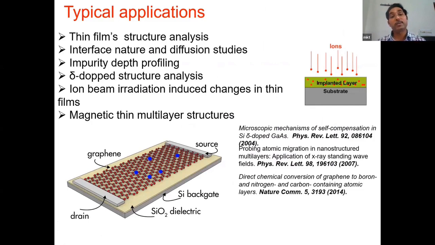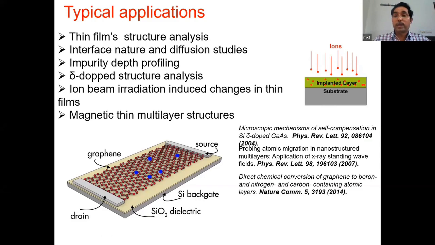Typical applications of the GXRF technique also allow study of thin film interface nature and diffusion. If the layers are diffusing into each other, you can also do GXRF. Impurity depth profiling can be done, but several people are also doing this.